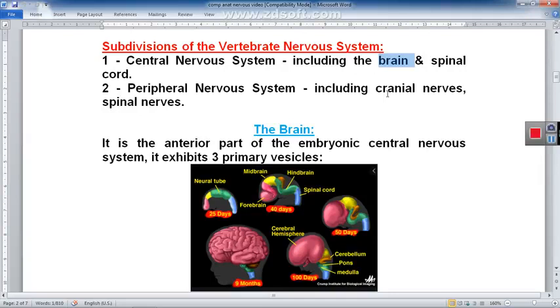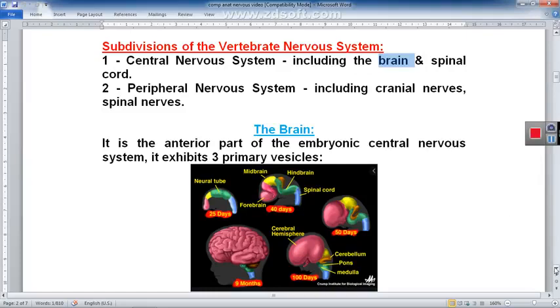And now we will discuss each of these parts of the nervous system, starting with the brain. The brain is defined as the anterior part of the central nervous system.